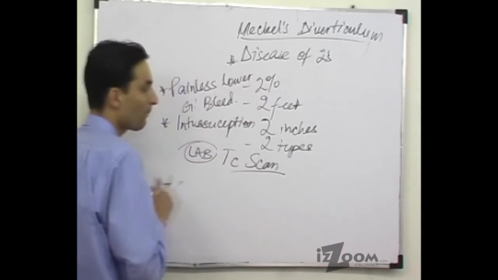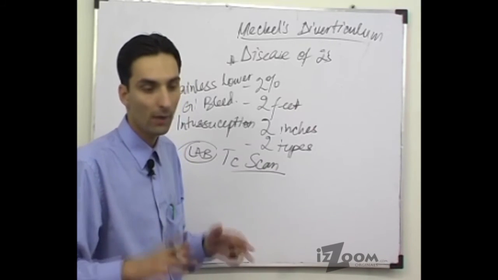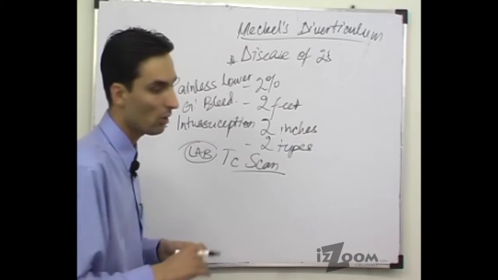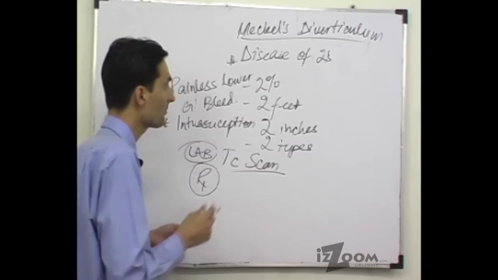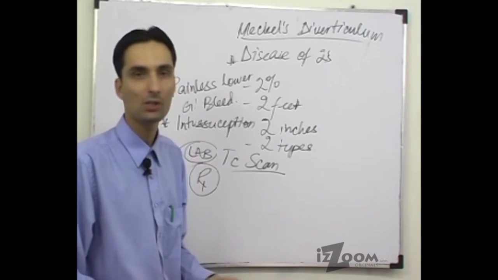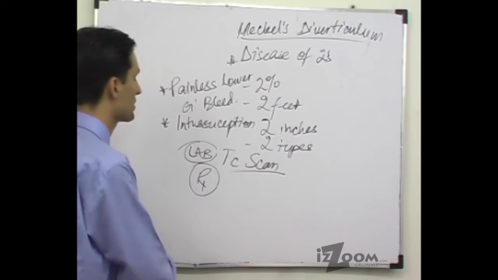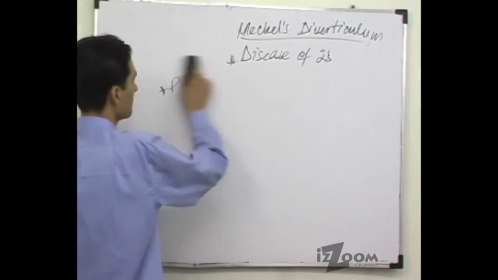Technetium scan is the most sensitive test for the diagnosis of a Meckel's diverticulum. How is it treated? It is treated by surgical removal of the Meckel's diverticulum. Just as you remove the appendix, you remove the Meckel's diverticulum and the patient will be alright. So that is all about Meckel's diverticulum.